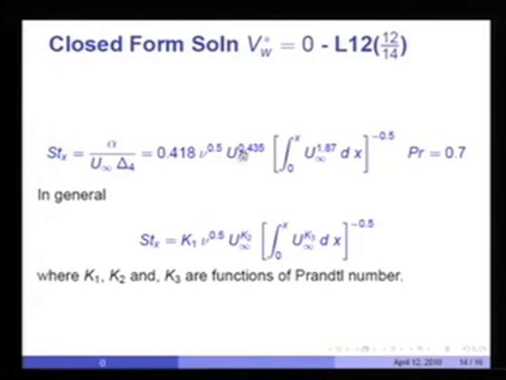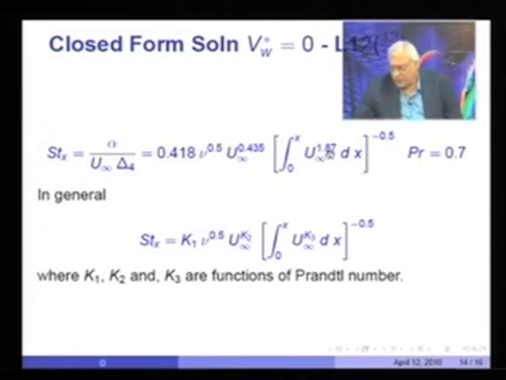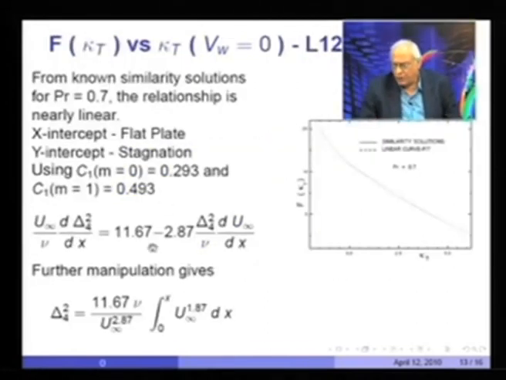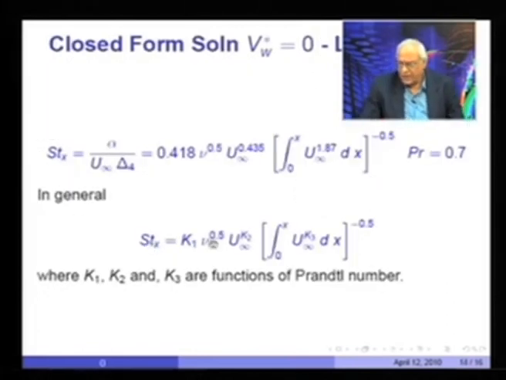All these constants, this one and this one, result from the curve fit which we obtained for Prandtl equal to 0.7. If I had chosen any other Prandtl number, I would get both these constants to be somewhat different, and therefore, I can generalize and say that Stanton x is k1 nu to the 0.5, u infinity to the k2, integral 0 to x of u infinity to the k3, where all these are functions of Prandtl number.